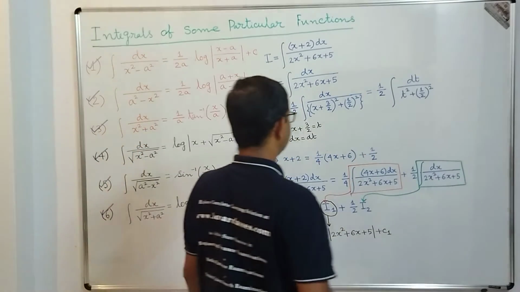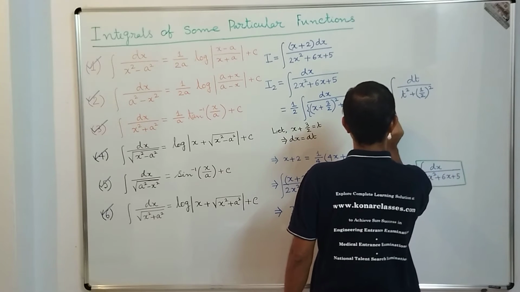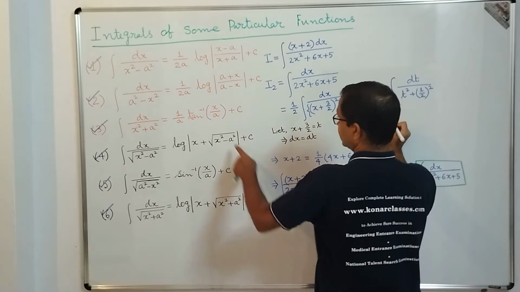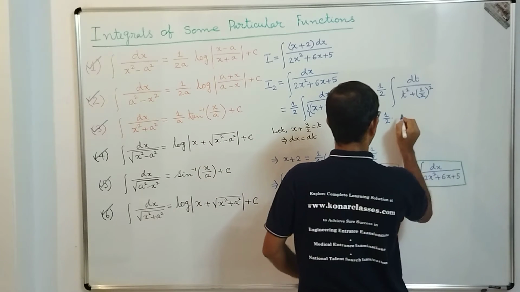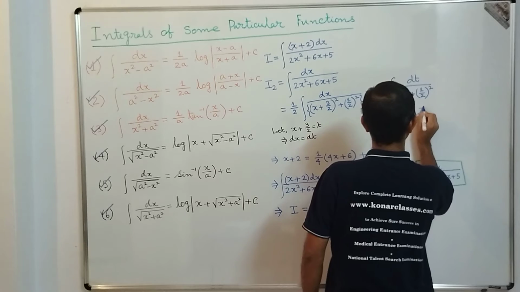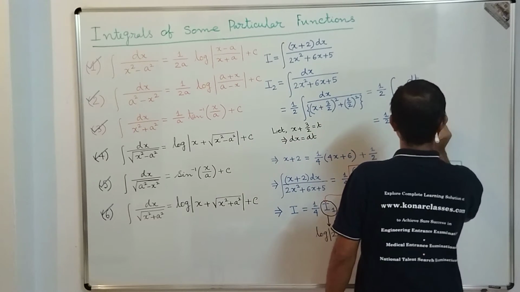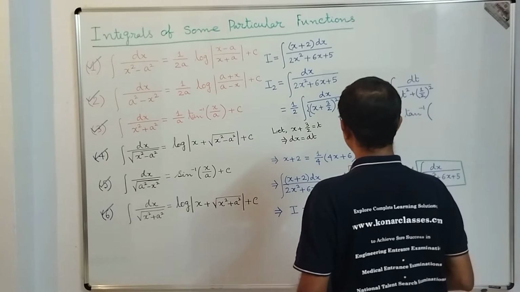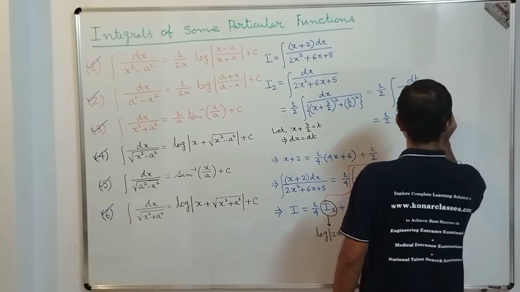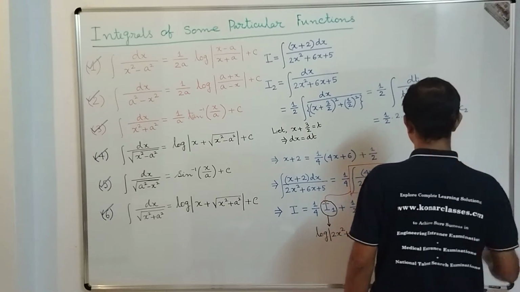So what we get? That is equal to, according to the formula we know, this is equal to 1 by 2 as it is. So it is 1 by a, 1 by 1 by 2 becomes 2, into tan inverse of x by a. So that means tan inverse of t by 1 by 2, so t by 1 by 2 plus another integrating constant C2.